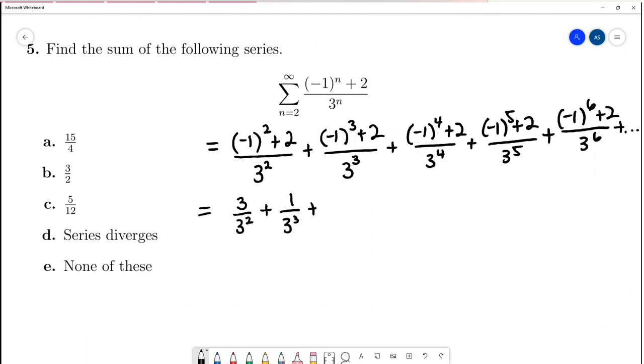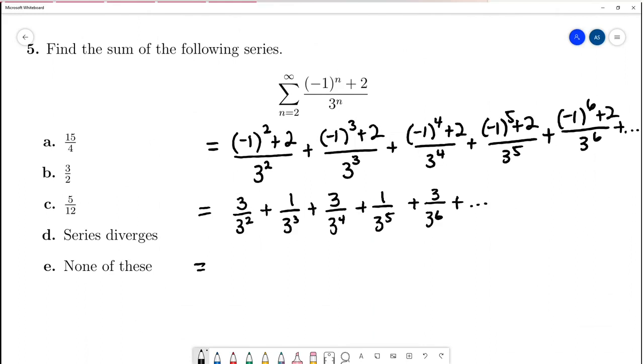Then negative 1 to the fourth power is positive 1, plus 2 is 3 over 3 to the fourth. Negative 1 to the fifth is negative 1 plus 2, which is 1 over 3 to the fifth. Negative 1 to the sixth will be 1 plus 2, that's 3 over 3 to the sixth.